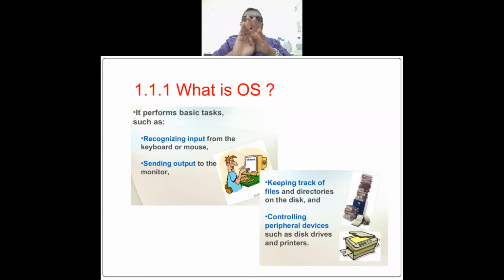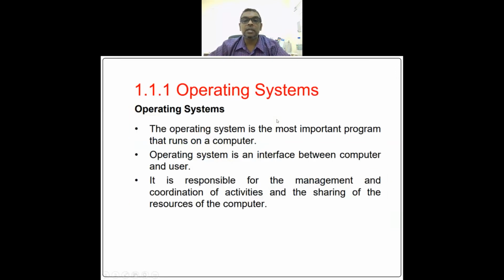You must understand there are 4 tasks: recognize input, deliver or send output, keep track of files and directory, and control all devices. These are the 4 main tasks of an operating system.